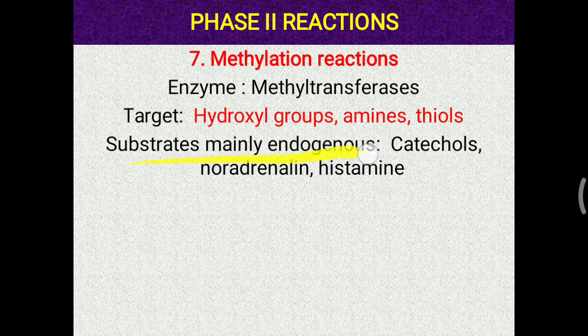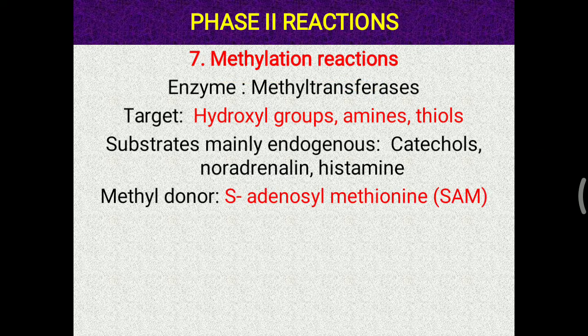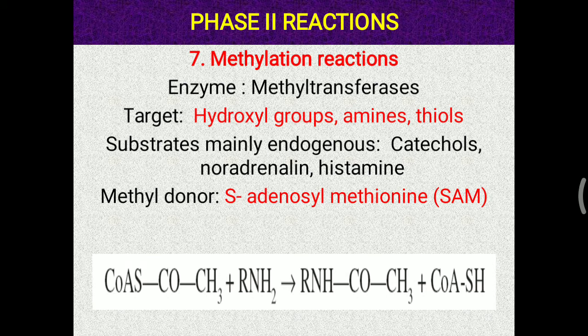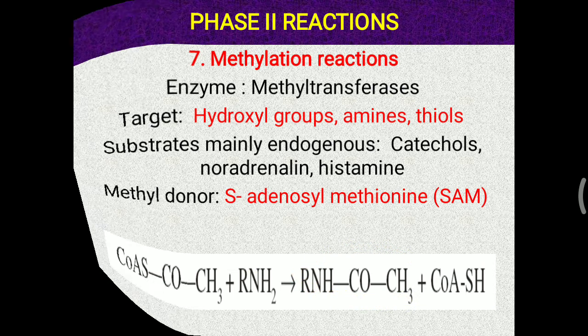The methyl donor is mostly S-adenosyl methionine, the active molecule of methionine, which is the most common donor of the methyl group. So over that particular xenobiotic, the methyl group will be donated with the help of S-adenosyl methionine. Now it is converted into the methylated product and that can easily be excreted from the body.